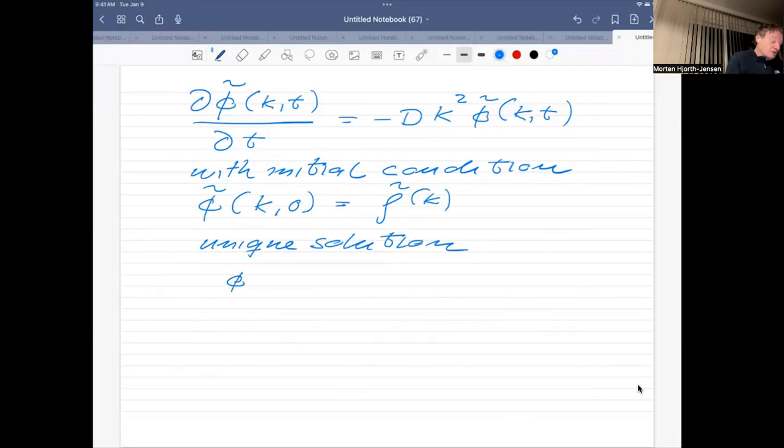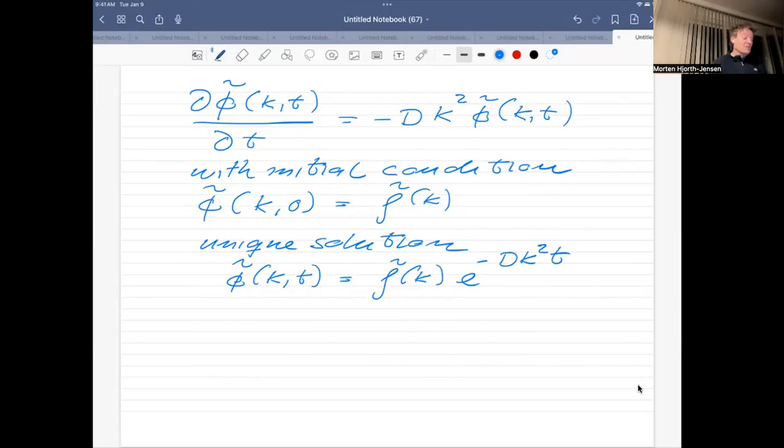So we get a solution of phi tilde of k of t, and that is given by the Fourier transform of the initial conditions multiplied with e to the minus d k squared times t. And the last term follows simply from what we had here.